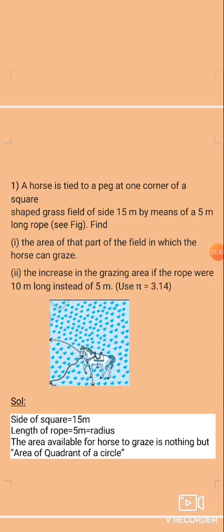Now we know the equation of the area of the sector. Yes, what is it? Theta by 360 into pi r square. So here in this case, what is theta? Theta is equal to 90 degree. And the length of the rope is what? 5 meter. So what is the radius? 5 meter.